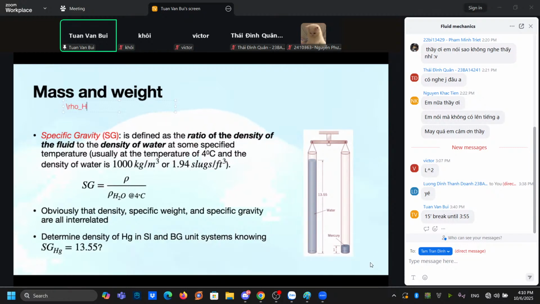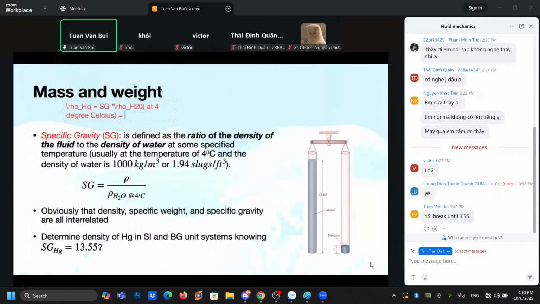Rho of mercury will equal the specific gravity of mercury multiplied by rho of water at 4 degrees Celsius.